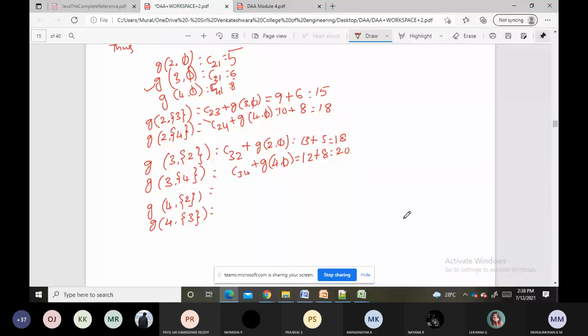Okay. Similarly, you calculate this G, that is the cost of 4 to 2 and 4 to 3, and you tell me the answer we are going to get here.